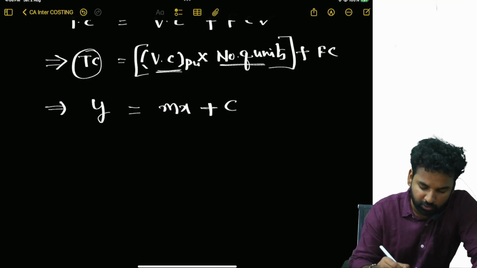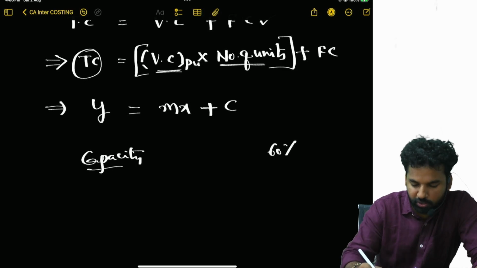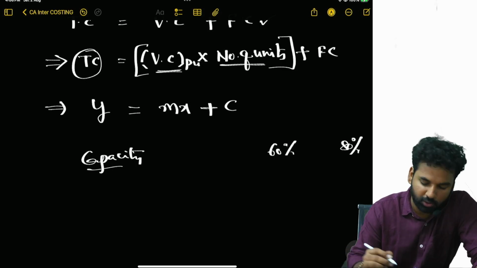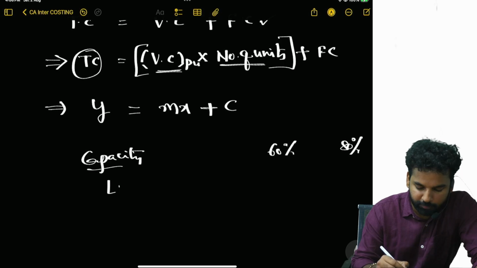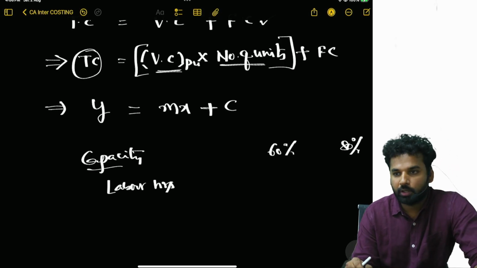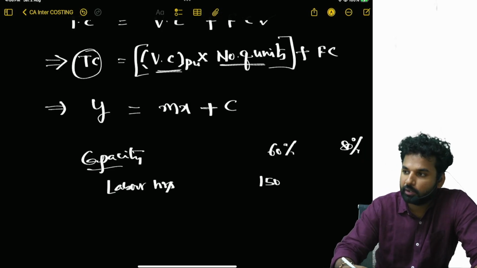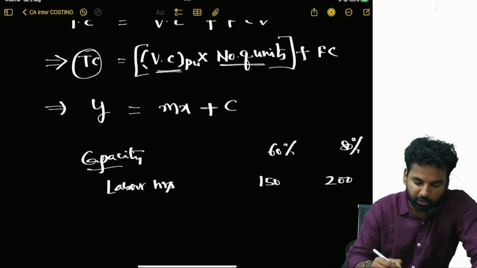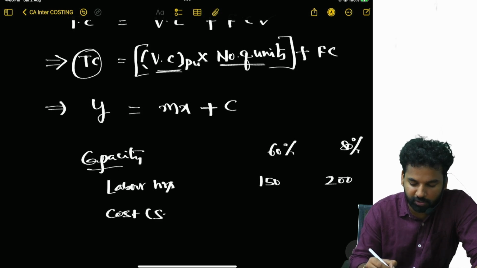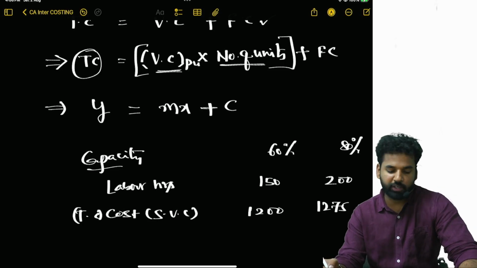Capacity is 60% and 80%. Here the labor hours will be 150 and here 200 labor hours. The semi-variable cost or total cost is 1200 and 1275.